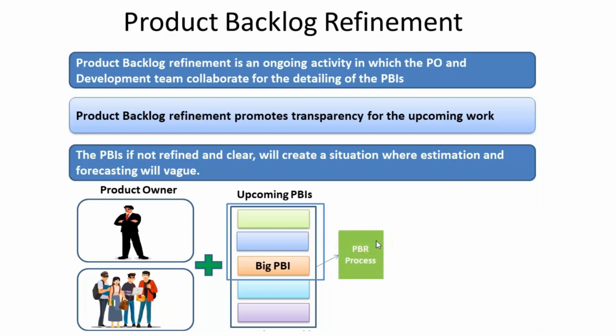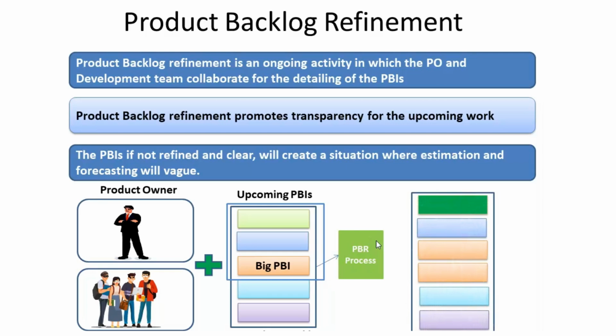These 3 product backlog items are refined during the product backlog refinement process. The product backlog items which require detailing are detailed in terms of description, order and size. The product backlog items that are big are split into smaller items for the better understanding of the developers.